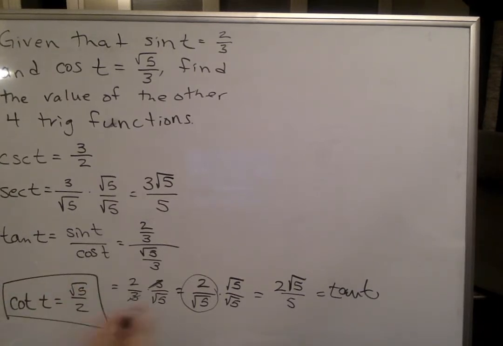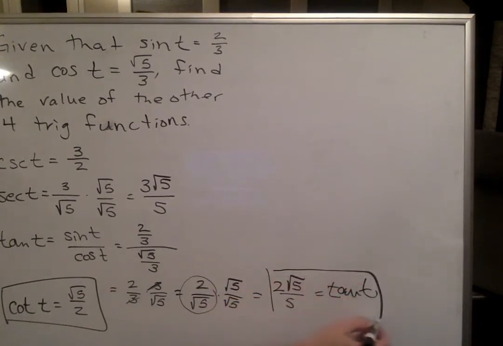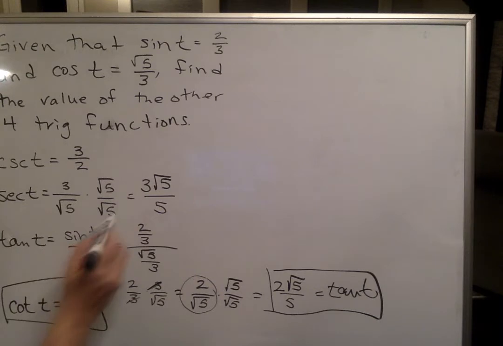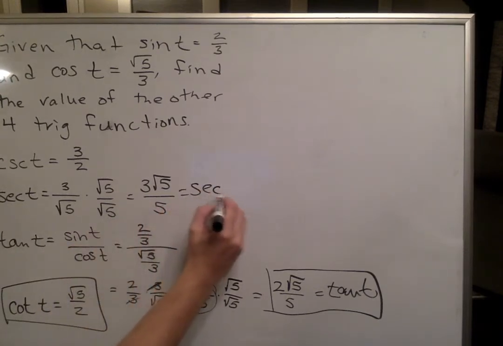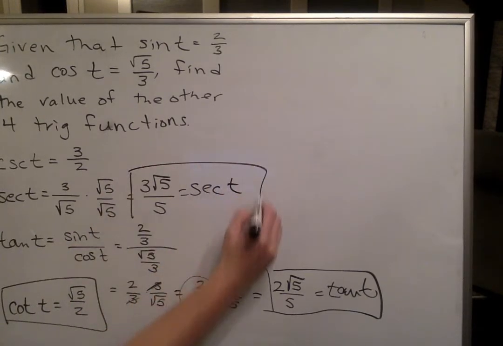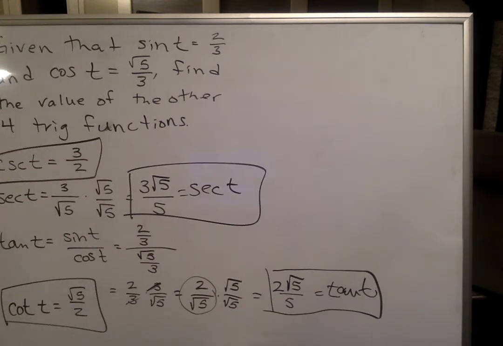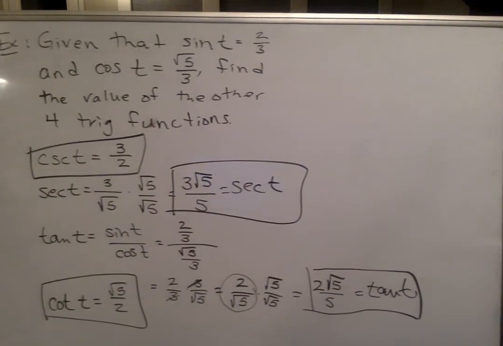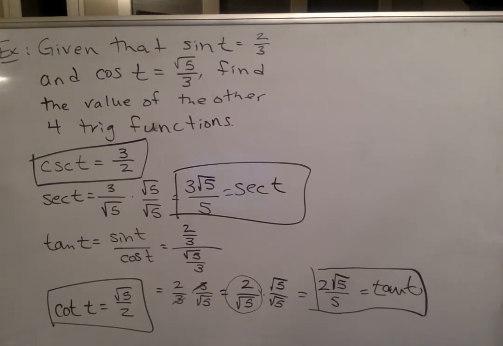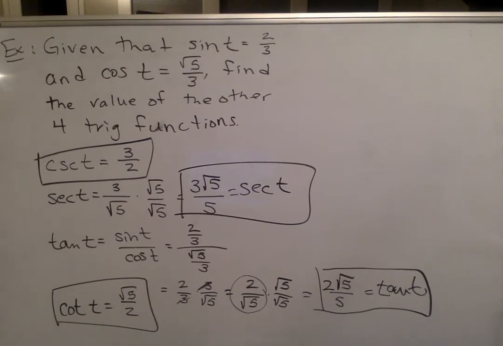So there's cotangent, we have tangent, this is secant, the reciprocal of cosine, and we have cosecant, the reciprocal of sine. Okay, so we were able to find the value of all of the trig functions just being given sine and cosine. We didn't have an ordered pair. We didn't have any of that stuff. We just have some of those identities to look at.